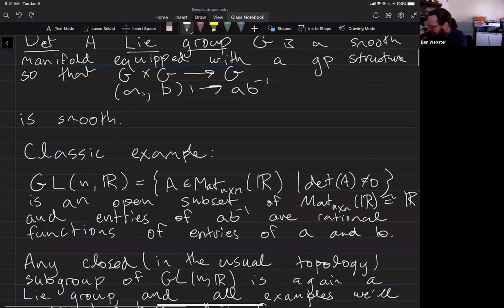I guess there is an important exception to this. I don't know if we'll really have any time to talk about this, but there are what are called Poisson Lie groups. So we're going to talk after break about Poisson structures, which are generalizations of symplectic structures where you have a Poisson bracket on your functions. It doesn't necessarily come from a symplectic form. And actually in that category, the right notion of group has an inverse that is anti-compatible with the Poisson bracket.